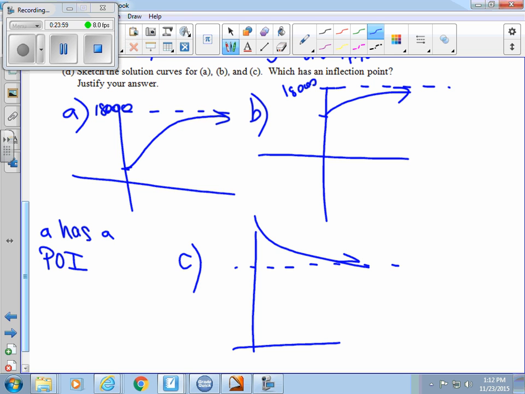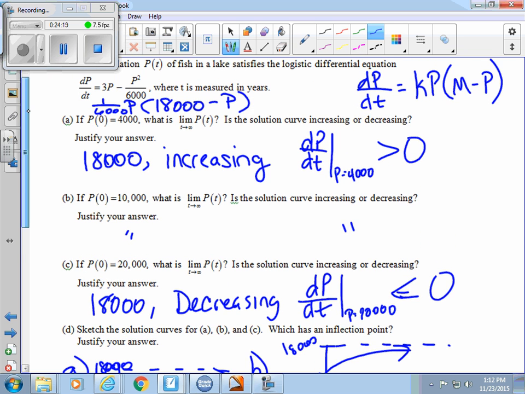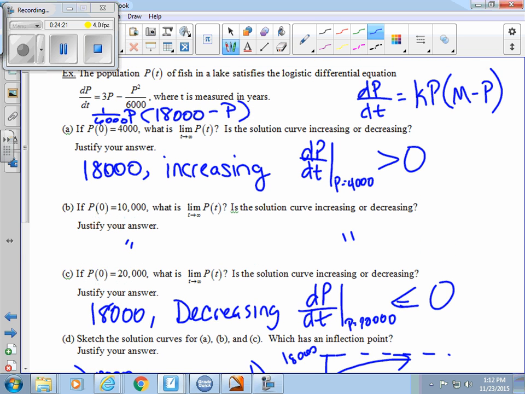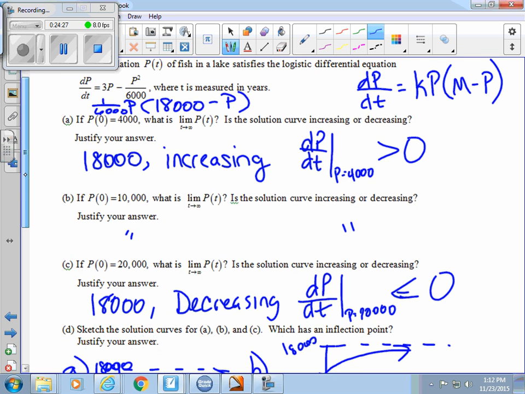Now, let's talk about justifying a point of inflection. What would we want to use to justify a point of inflection? The second derivative. And so on the second derivative, we would say that there's a sign change. The second derivative would be, I'm going back up to the unsimplified format, it's easier that way, 3 minus 1 over 3,000 p.